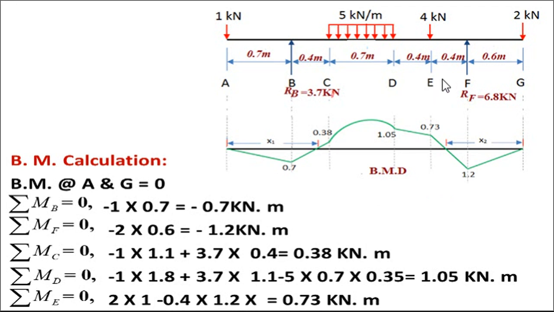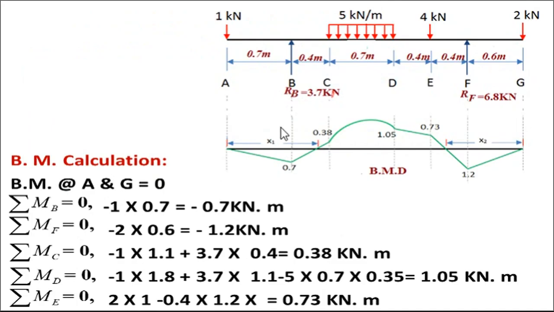You can do the calculation correctly, here some printing mistakes are there. So 2 into 1 clockwise minus, again there is a reaction at F in the anticlockwise, that's why plus 6.8 into 4. So at E you can determine the bending moment at E.